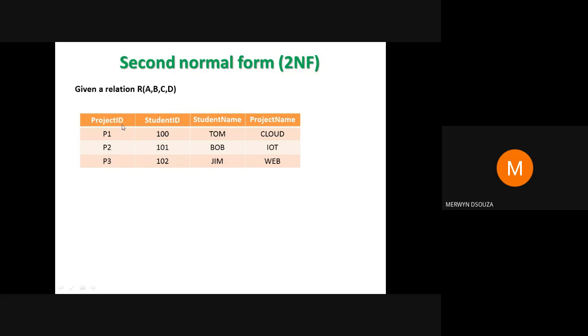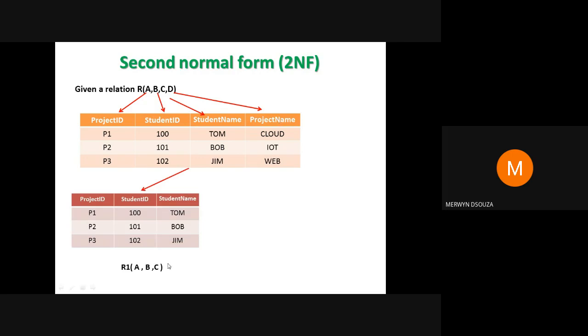Just for you to understand, take this example. Suppose R has these four attributes: A is project ID, B is student ID, C is student name, and D is project name. Based on the previous example, R1 would have been ABC, which is project ID, student ID, and student name, and R2 would have been A and D, project ID and project name.